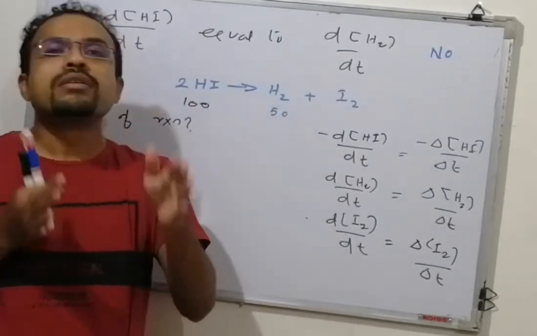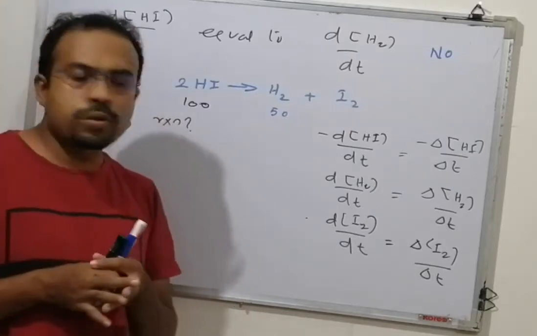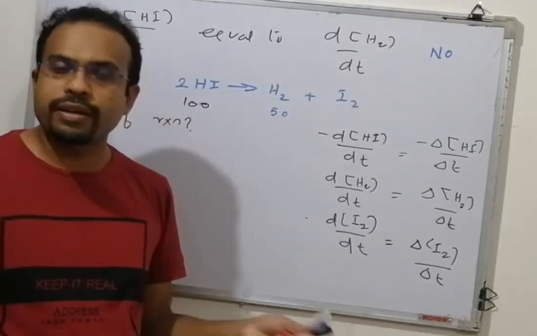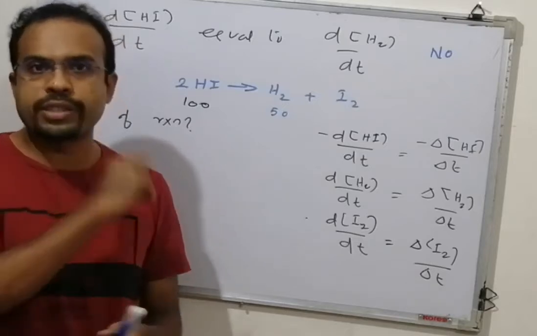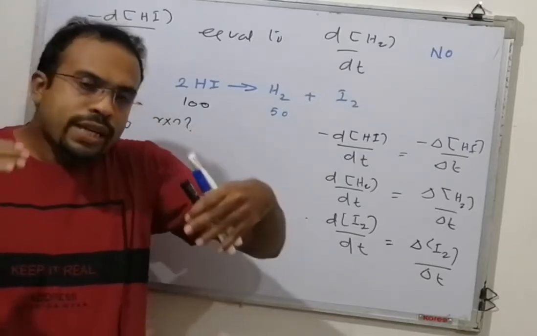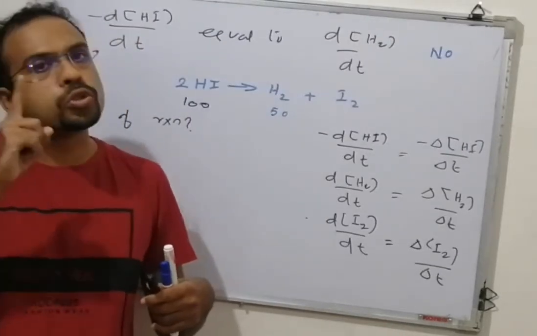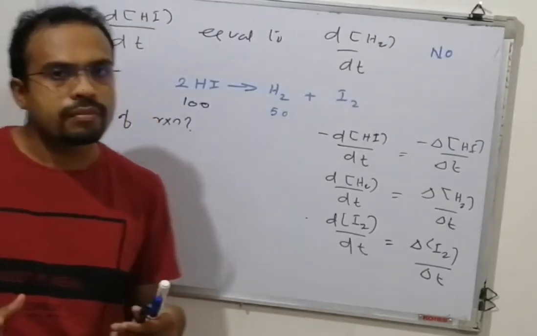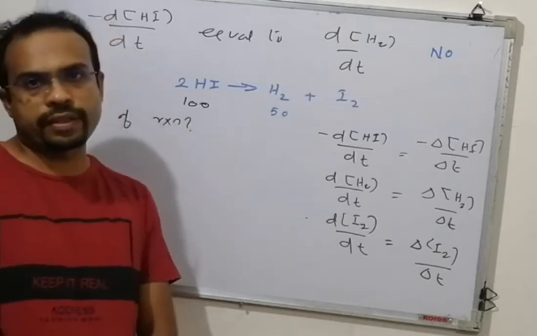Therefore, for the same reaction, you cannot have different rates. That is illogical, nonsense. Whichever reactant or product you choose, you should get the same rate. That is the logical, that is the scientific.